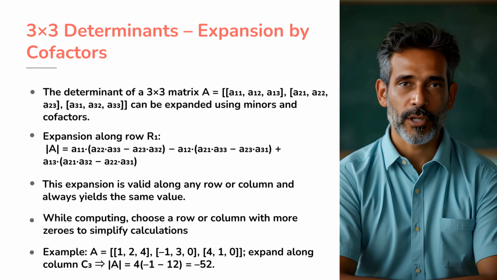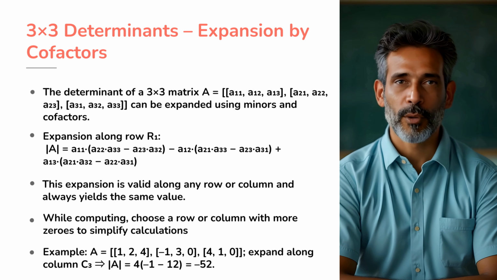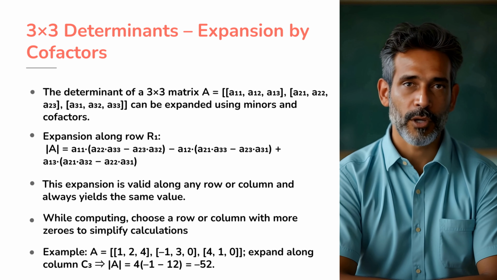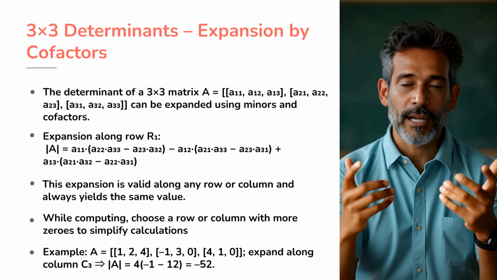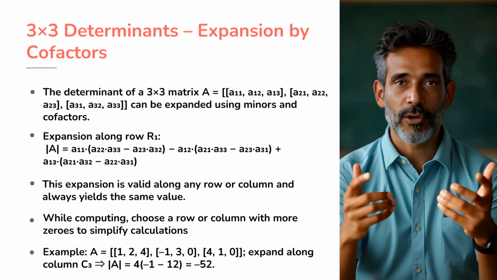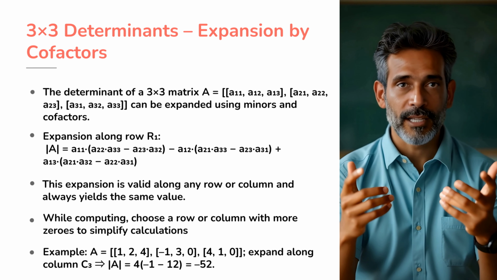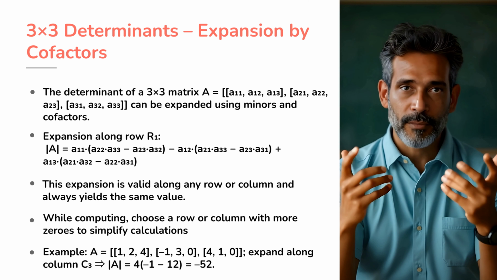The result is mod A equals 4 into (-1 minus 12), which equals -52. Cofactor expansion is like peeling the matrix layer by layer, breaking it into simpler determinants.